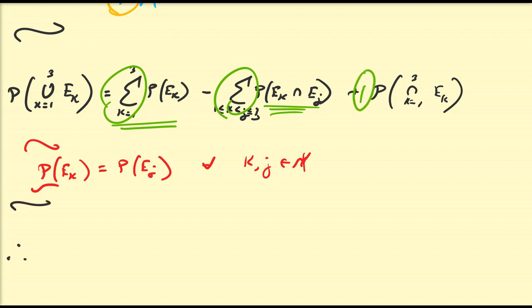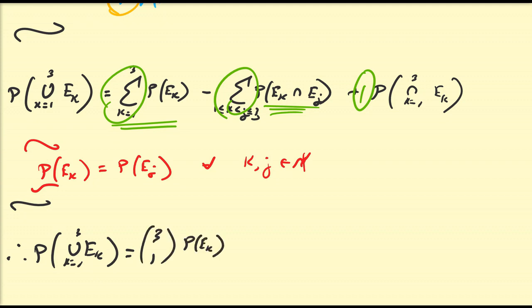So we can rewrite the probability of the union from k equals 1 to 3 of E_k to be equal to 3 choose 1 times the probability of E_k, minus 3 choose 2 times the probability of the intersection over k less than j of E_k, and this is all our two sets.